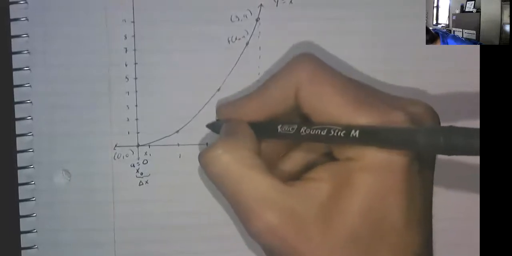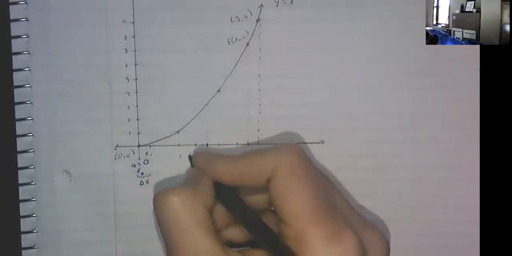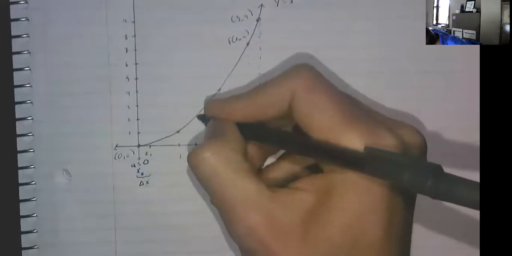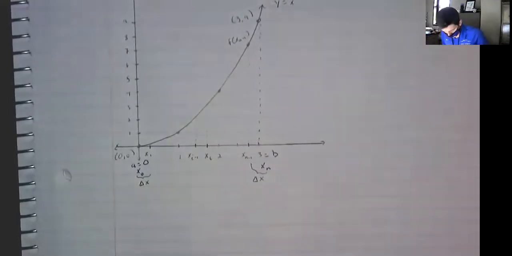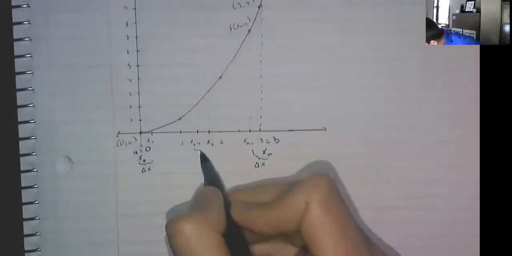We choose some location to be x sub i. Then the one immediately preceding it would be x sub i minus 1. This base here is still delta x.